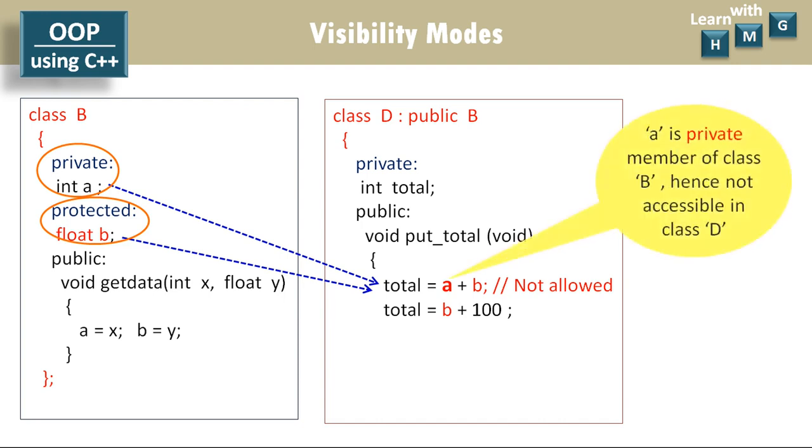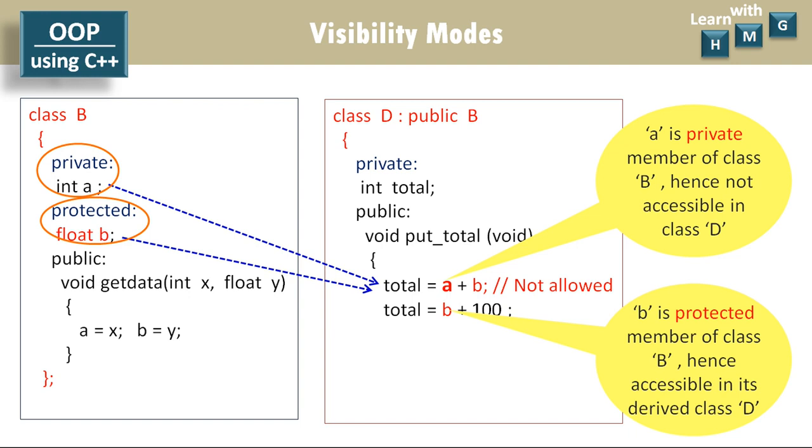So A is a private member of class B, hence not accessible in class D. I repeat, A is a private member of class B, hence not accessible in class D. And b is a protected member of class B, hence accessible in its derived class D. So this small b is a protected member declared in class capital B, hence it can be accessed in its derived class D. So we have done total = b + 100.